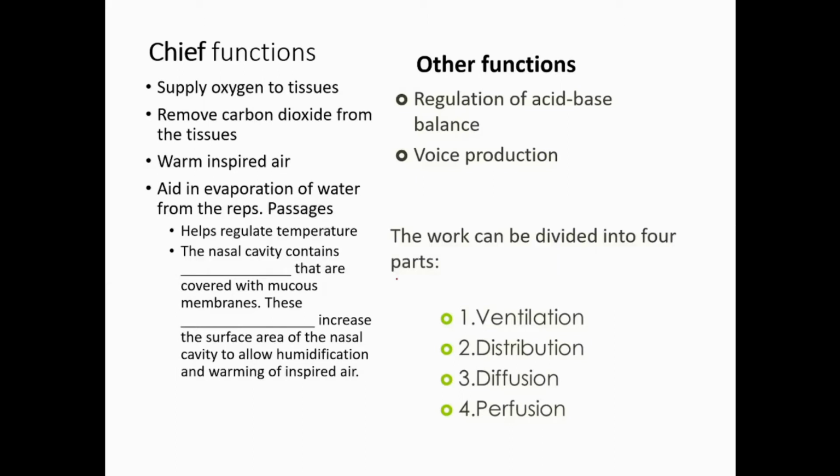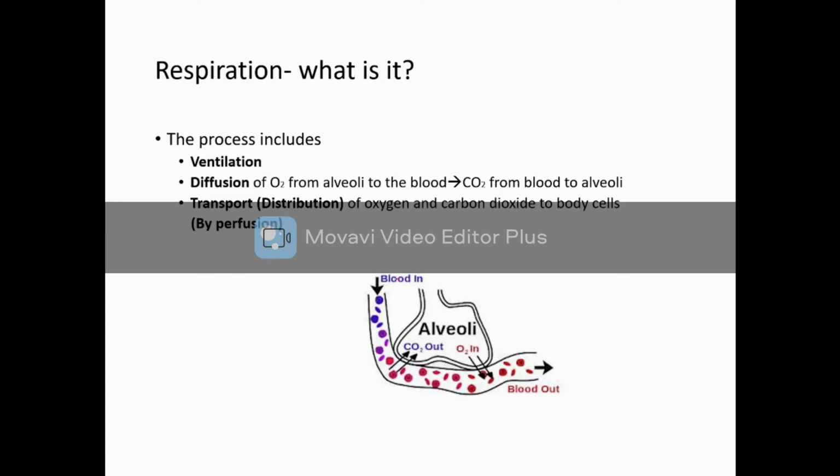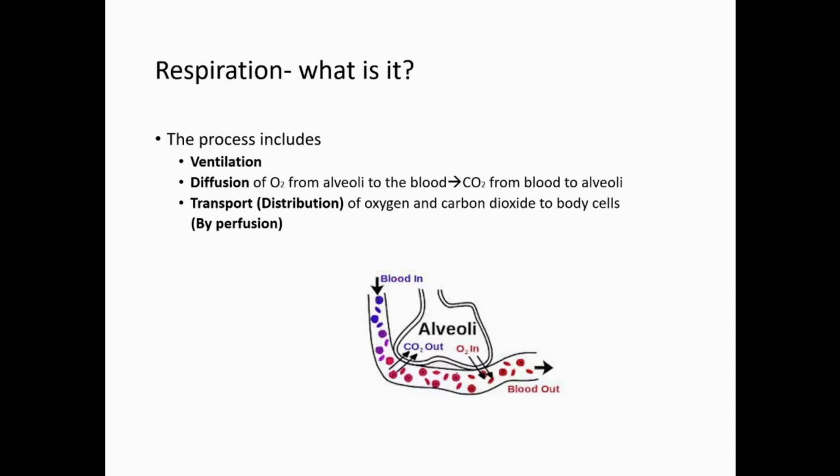The work of the respiratory system can be divided into 4 parts: ventilation, distribution, diffusion, and perfusion. So what is ventilation? Breathing in, breathing out, movement of air into and out of the lungs. Diffusion is the movement of oxygen from the alveoli to the blood, and carbon dioxide from the blood to the alveoli.